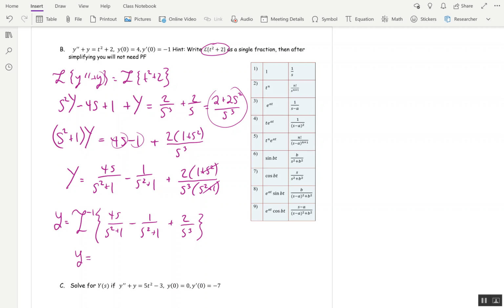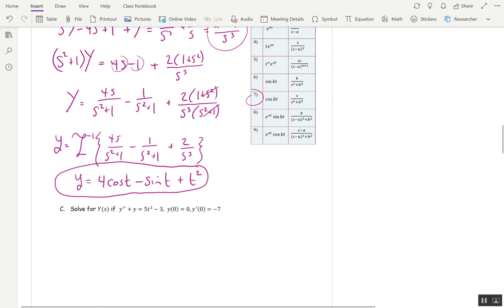So that's going to be number 7 over here. That's going to be 4 cos t. And the next one is going to be minus sine t. And then for L inverse of 2 over s cubed, that's just t squared. All right. Okay, we're almost there.